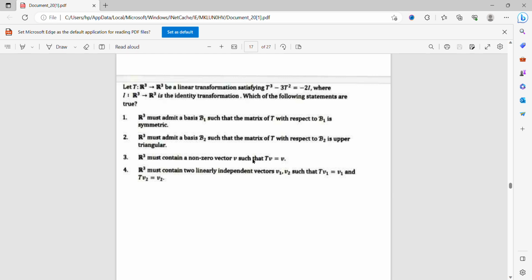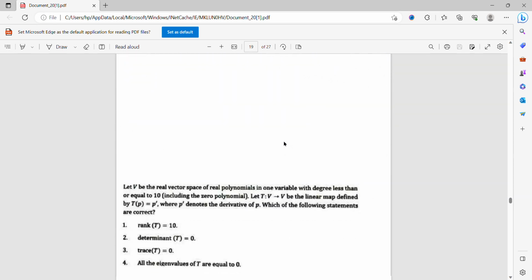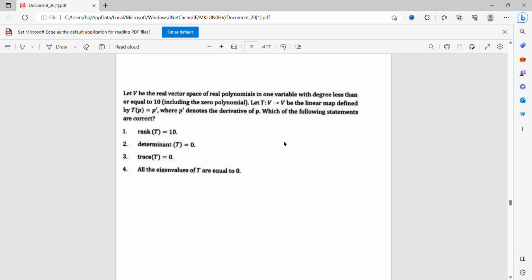I think in the answer key 3 is also included as a correct answer, but the only correct answers should be 1 and 2. Now come to the next one. It is a very simple problem, and I also want to say that T of P equal to P prime, I mean the derivative of P, is a very important linear map and it occurs in many exams.